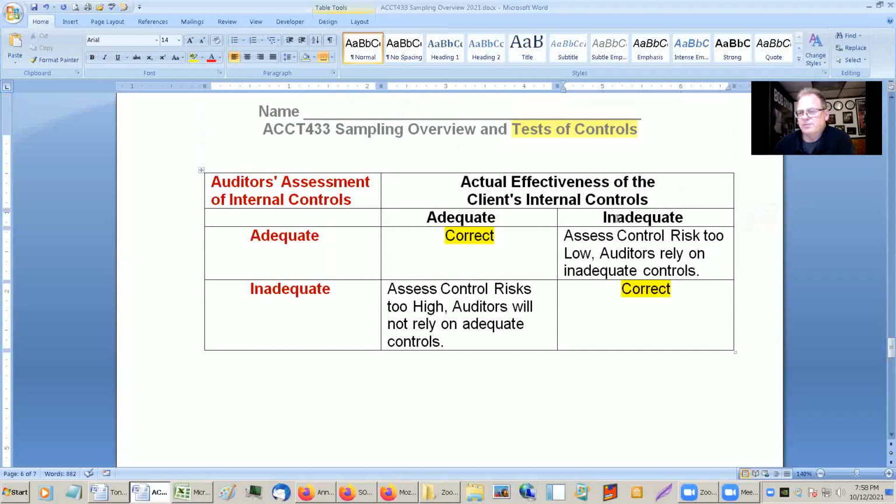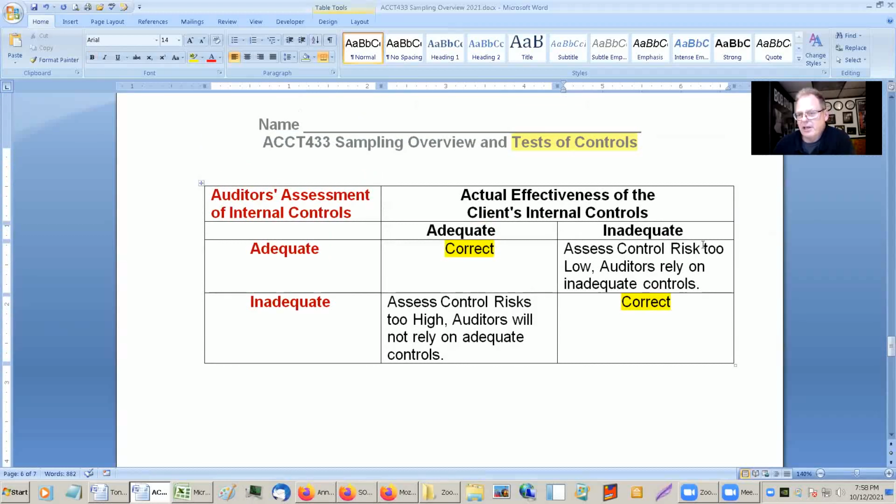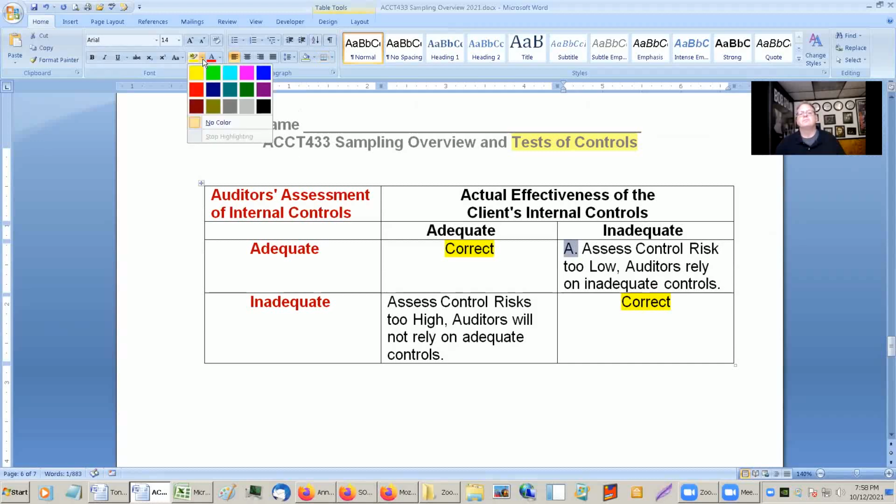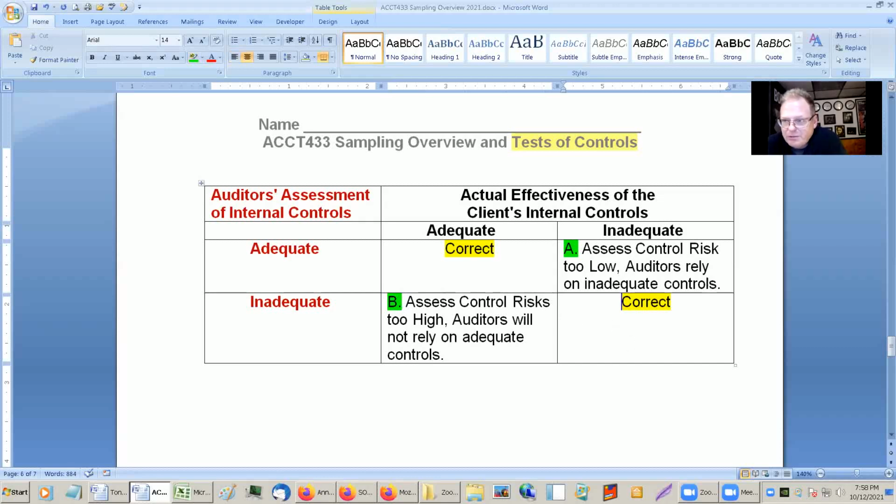Okay, so let's call this one A. Let's call this problem B. Which one is worse for auditors, A or B?